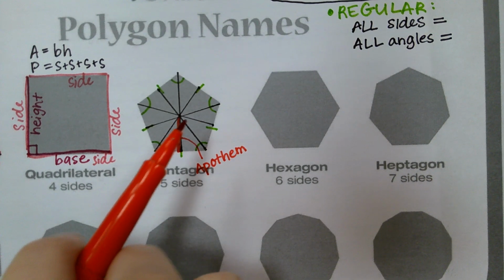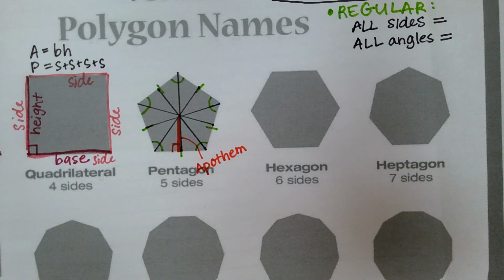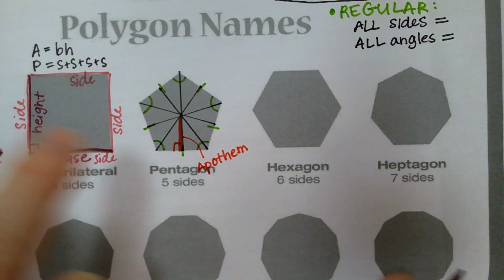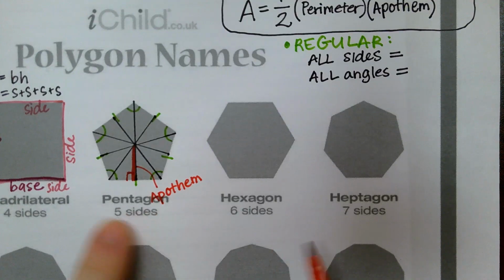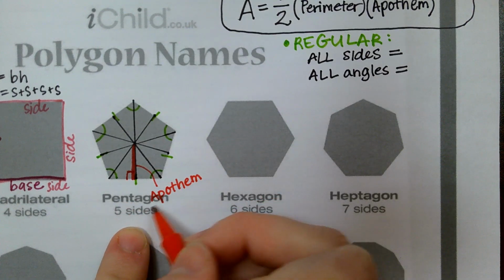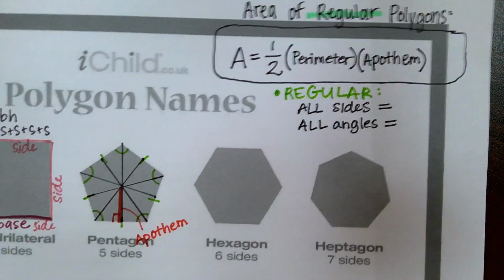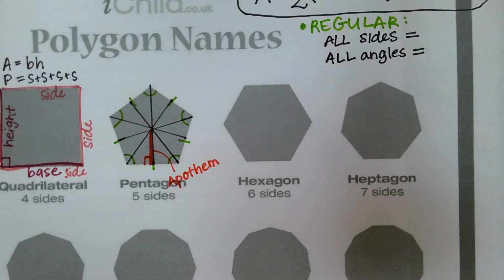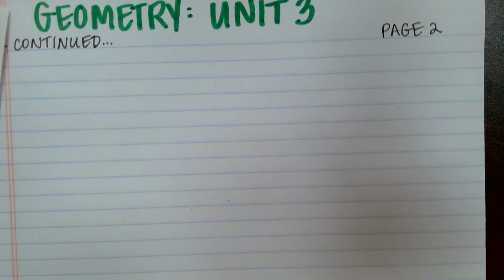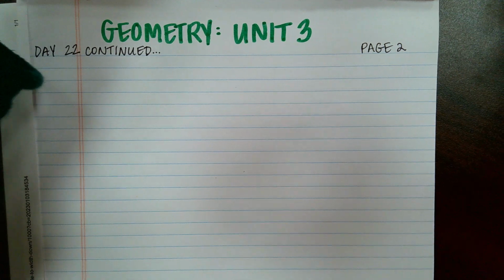Knowing that this is the apothem length, it won't be something I'm going to have you solve for. It'll be given to you, but this is just so we know how to identify it. So we use the apothem and we use the perimeter to find our area. Let's move this to the side, and I'm going to give you an example.